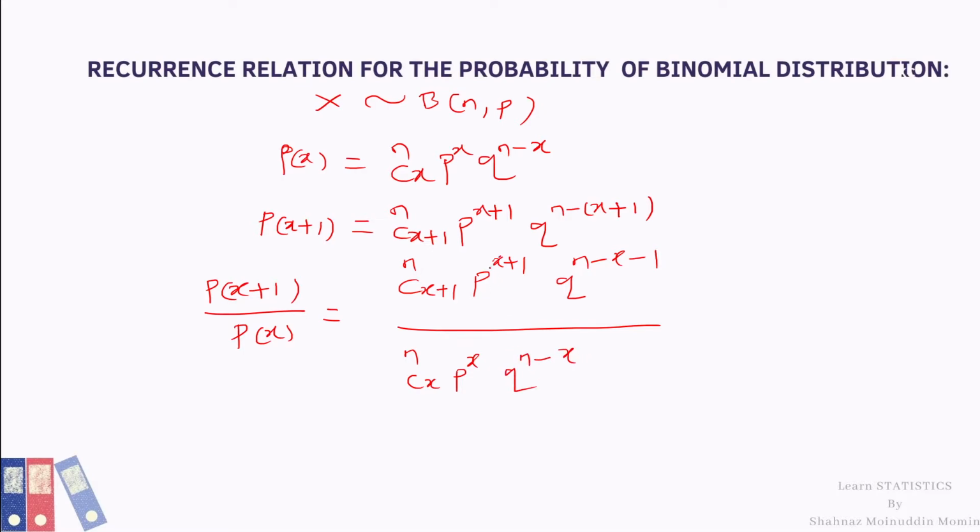Here p raised to x and p raised to x get cancelled. Similarly, q raised to n minus x cancels with this q raised to n minus x minus 1. So the remaining terms are nC(x plus 1) p upon nCx, with q in the denominator.